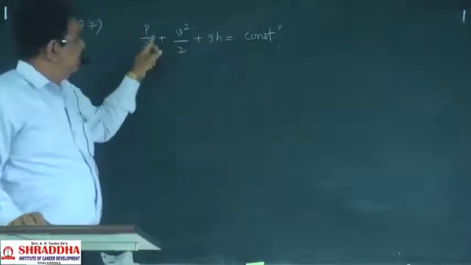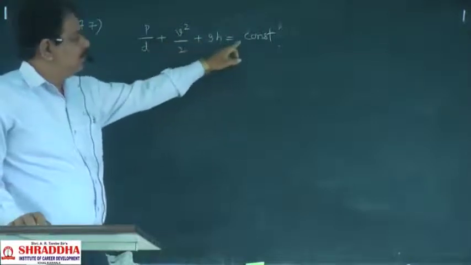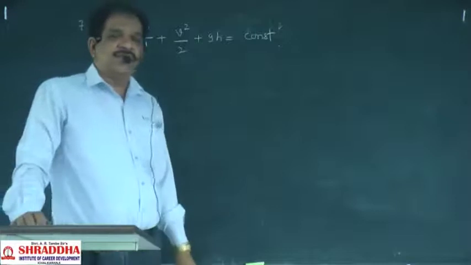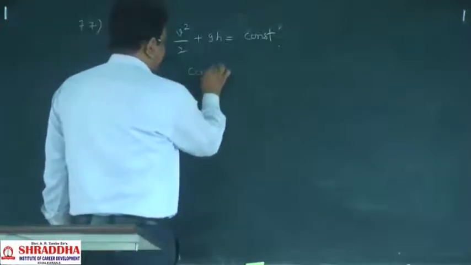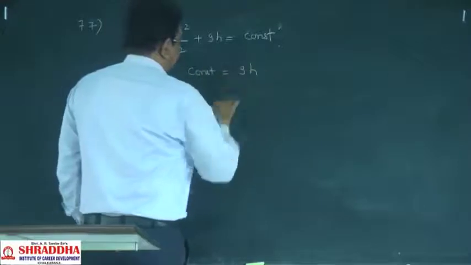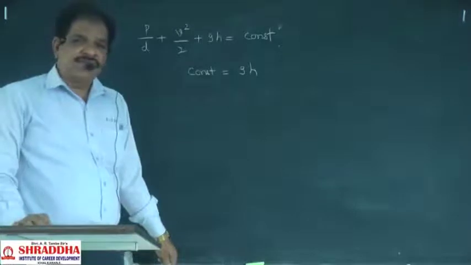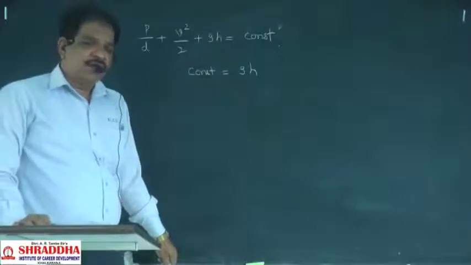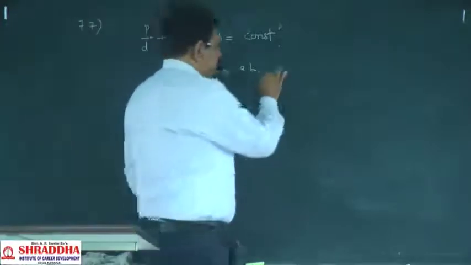P by D is equal to V square by 2, that is equal to GH, that is equal to constant. So this constant's dimensions will be equal to the dimensions of GH or of V square by 2 or of P by D. All will be the same only.